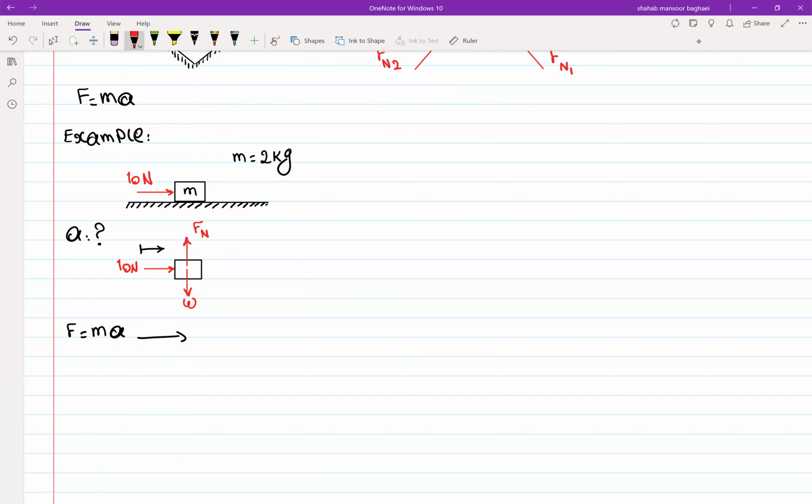Apply only 10 newtons. And this force, 10 newtons, is your net force. In other words, you have only one force, which is along your motion. Apply it. Therefore, it is 10 newtons. This is net force.